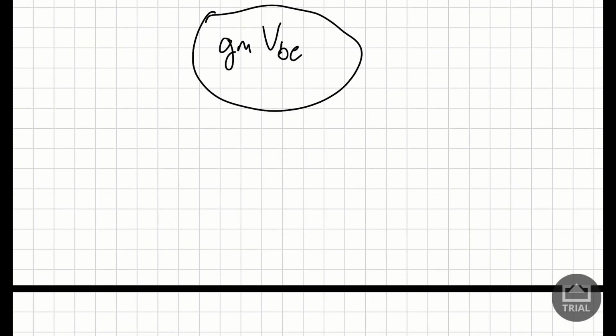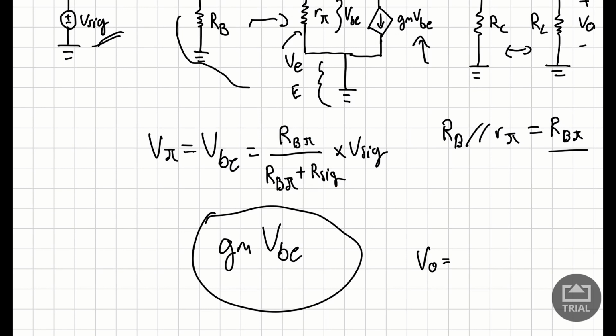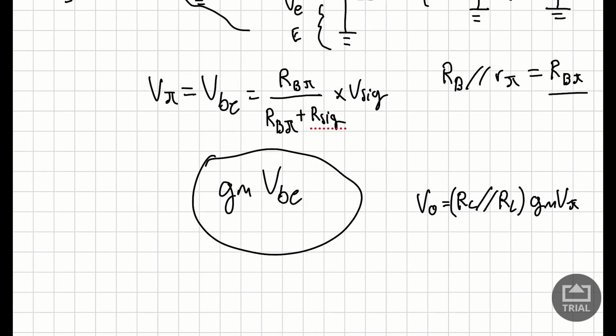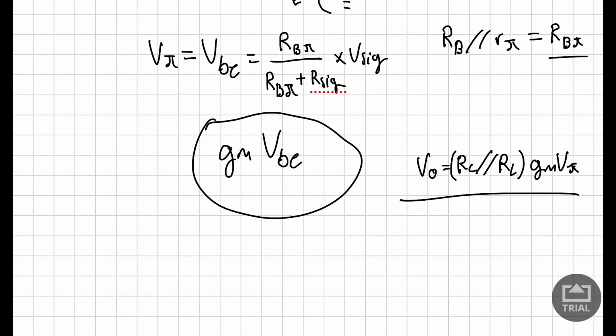And our VO is going to be equal to, these two resistors are in parallel, so we're going to do RC in parallel with RL, and then if we multiply GM V pi, which is VBE, by this, we will actually get our V out. So with that being said, this is our equation to find V out.